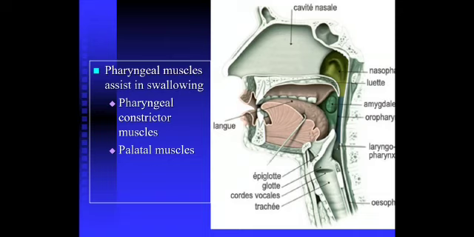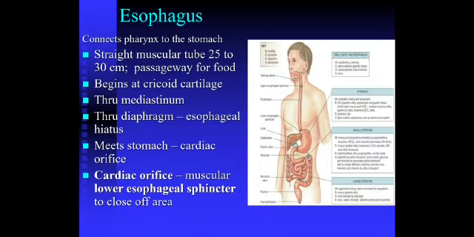There are three phases. Before that, you should understand the pharyngeal muscles will help in swallowing. The pharyngeal muscles include the constrictors, the superior, middle, and inferior constrictors, and the palatal muscles. The esophagus, you all know, connects the pharynx to the stomach.